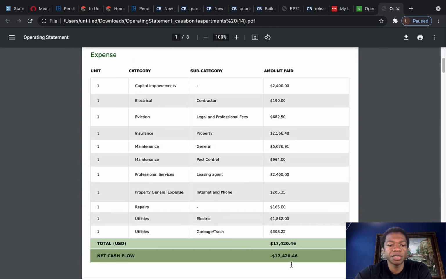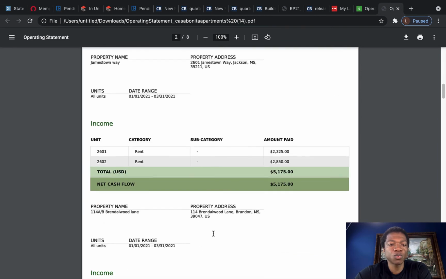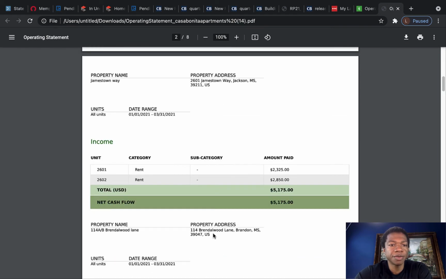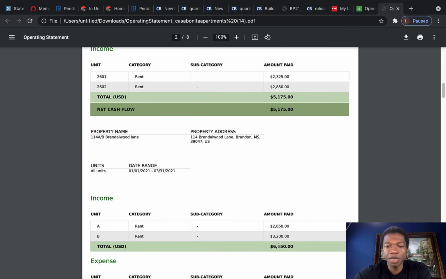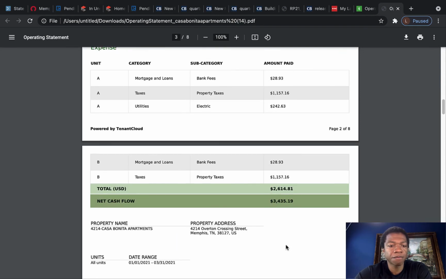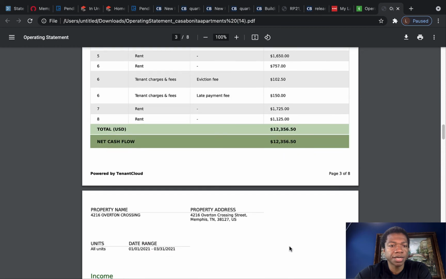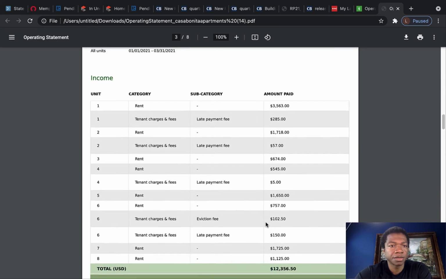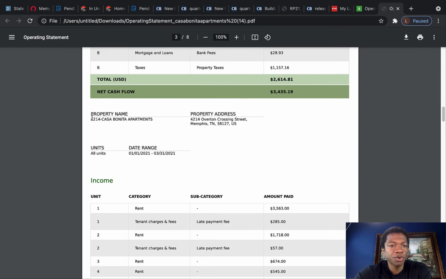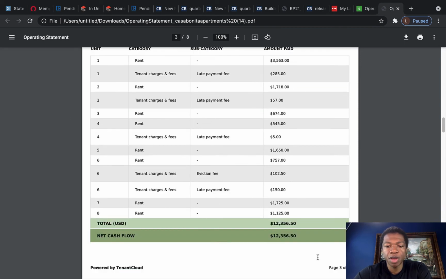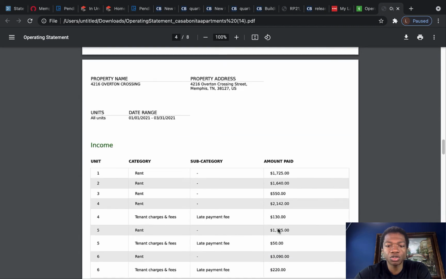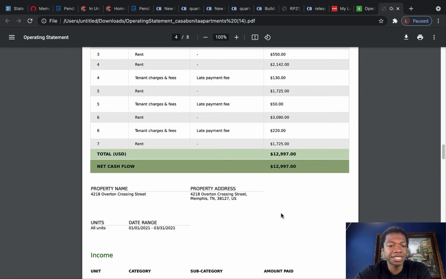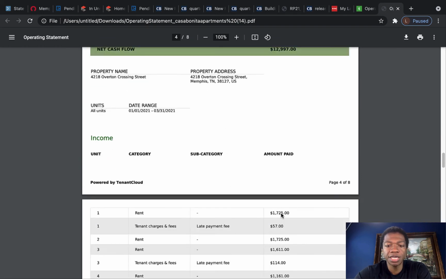2021, we can see we had to spend $17,000 in the first quarter, but then we got a Jamestown Way property here that bought in $51.75. We've got a Brindlewood Lane property that bought in $6,050. We've got a 4214 address that bought in $12,356. We got a 4216 address that bought in $12,997. We got a 4218 address.